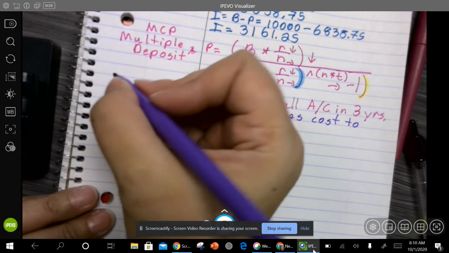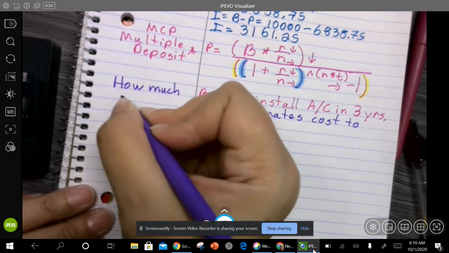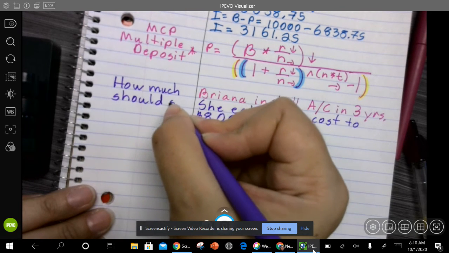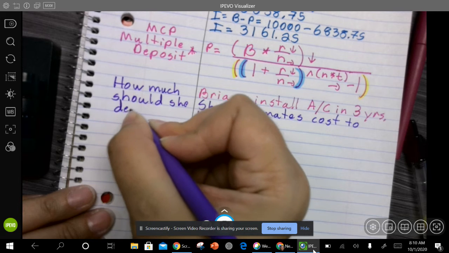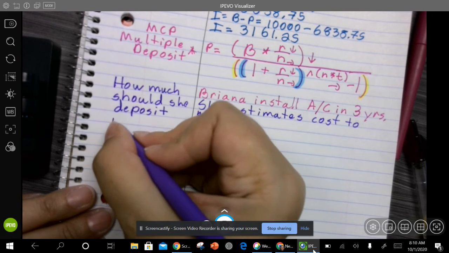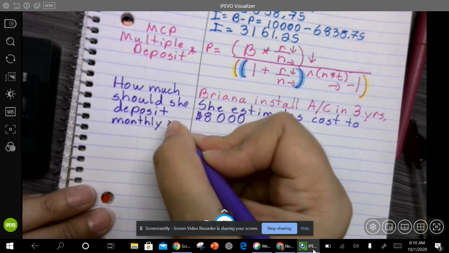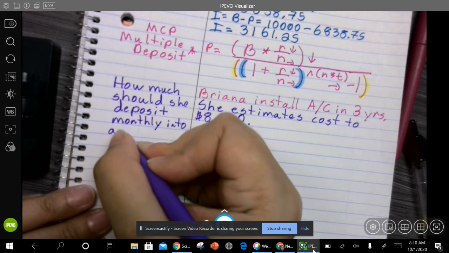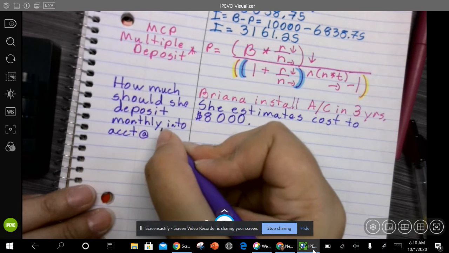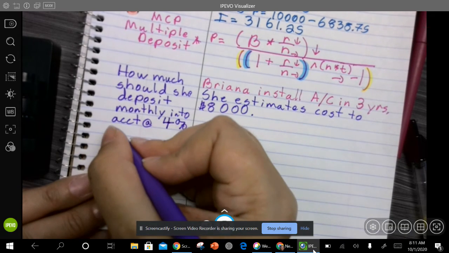Okay, so how much should she deposit? So again, everybody knows we're solving for the deposit monthly, into an account at 4% interest, compounded monthly.